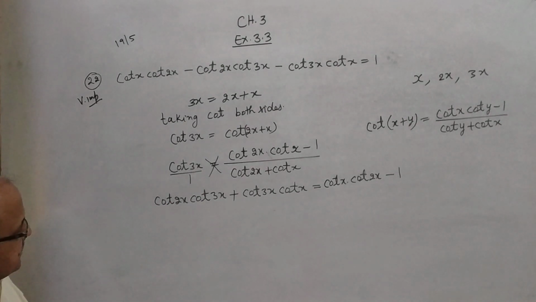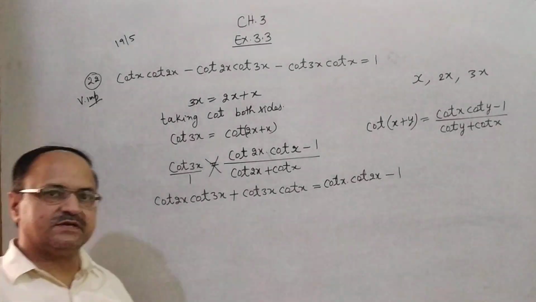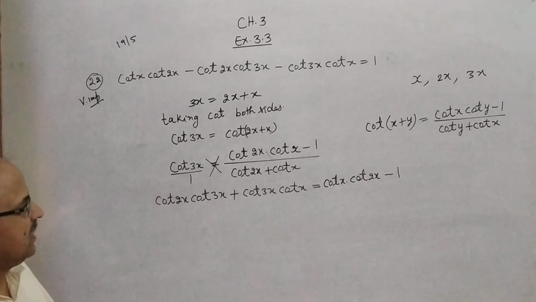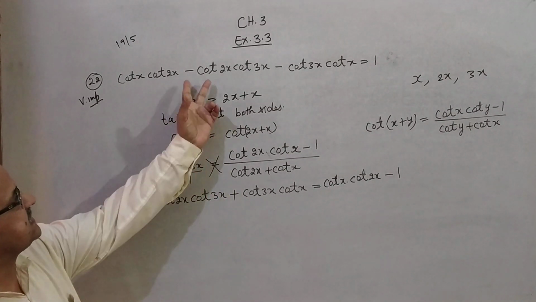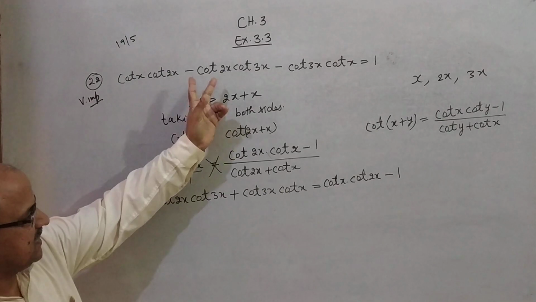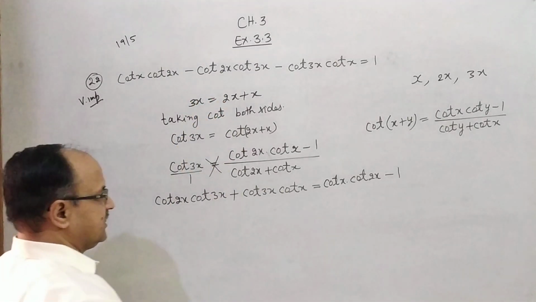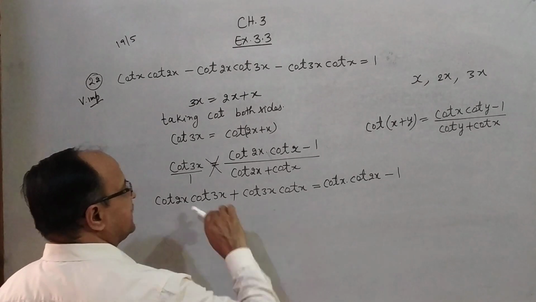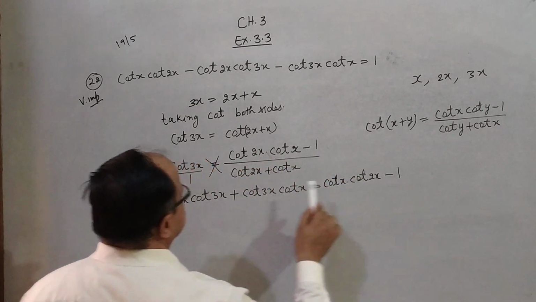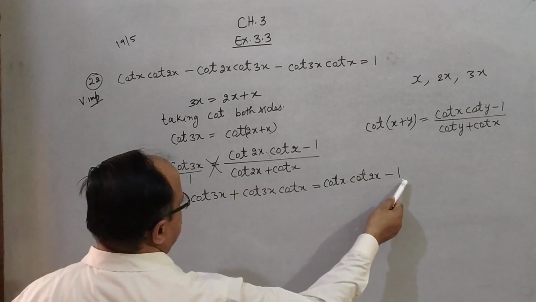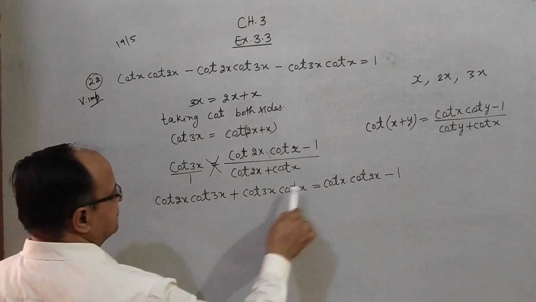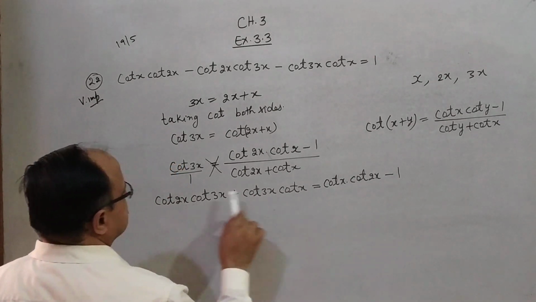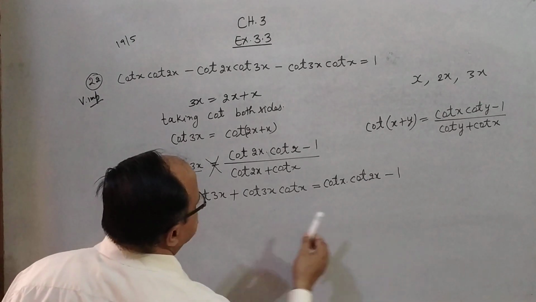This is simply cross multiply. Now arrange the terms like this. You can transfer 1 to the left hand side and this term to the right hand side. When you shift 1 to the left hand side, the 1 becomes positive and this term becomes negative.